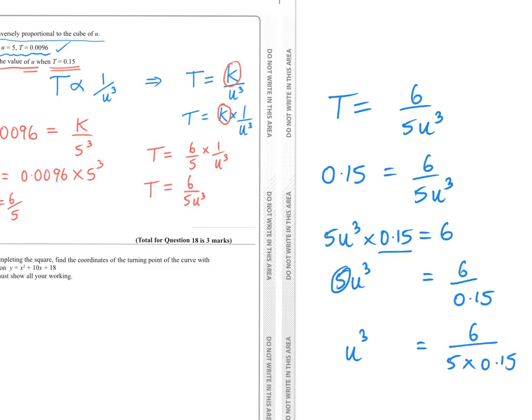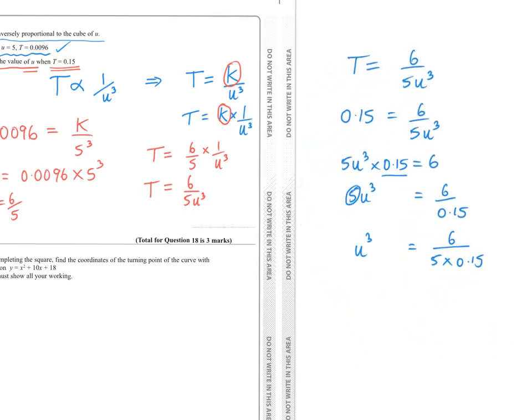I'll do that on my calculator. This is a calculator paper after all. So we'll have u cubed would be 6 divided by, open bracket, 5 times 0.15, close bracket, and that would give me 8. So that means u cubed would equal 8.